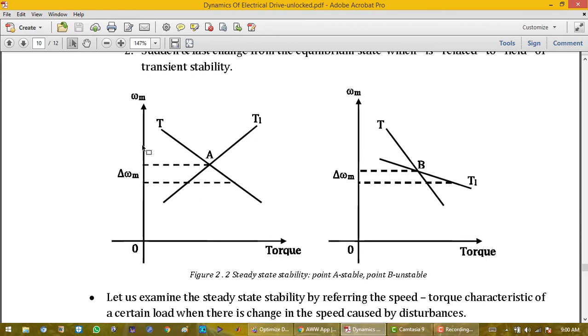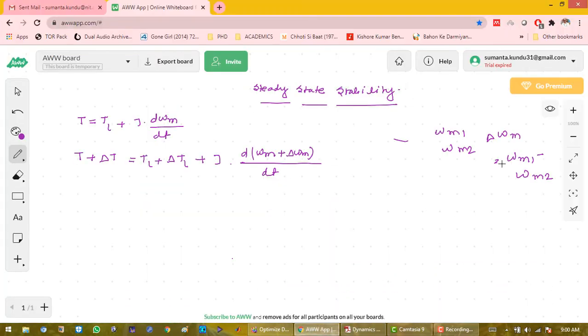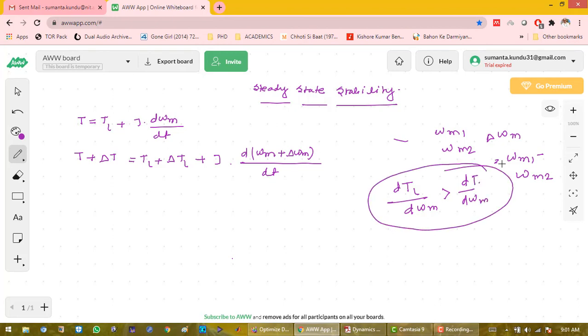So in stable operation, d(TL)/d(omega m) must be greater than d(T)/d(omega m). If this is satisfied, then it is a stable operation.